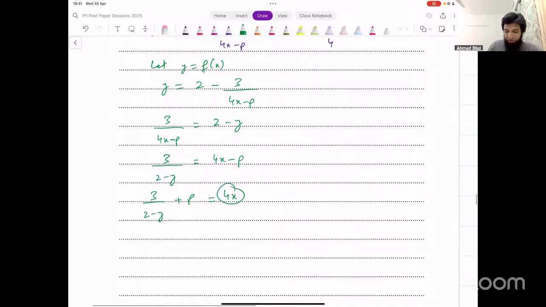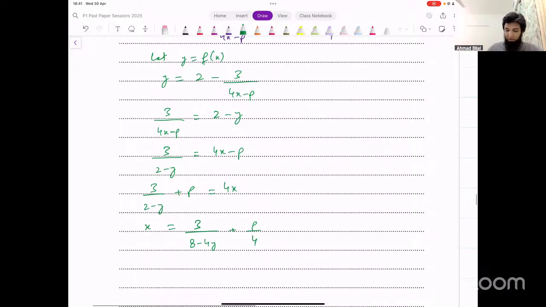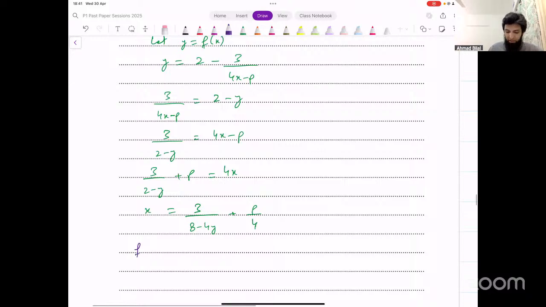I'm just writing x on the left side, and then divide by 4. When we divide this by 4, in the denominator we end up getting 4 into 2 minus y, so that becomes 8 minus 4y, and then p over 4. And now we could say f inverse of x is equal to 3 over 8 minus 4x plus p over 4. That's the f inverse function.